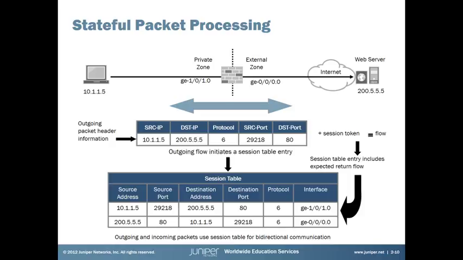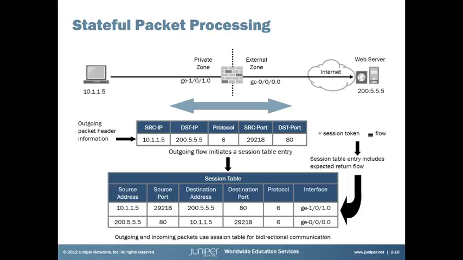So it says, well, hang on. Here I've got traffic which is originating from my internal network. It's going to my external network. It's using protocol number 6. What's protocol number 6, by the way? TCP, right? It's using protocol 6, TCP.